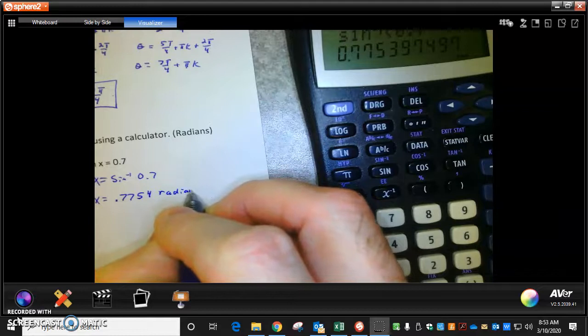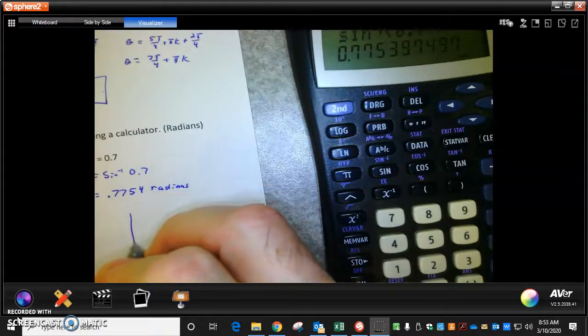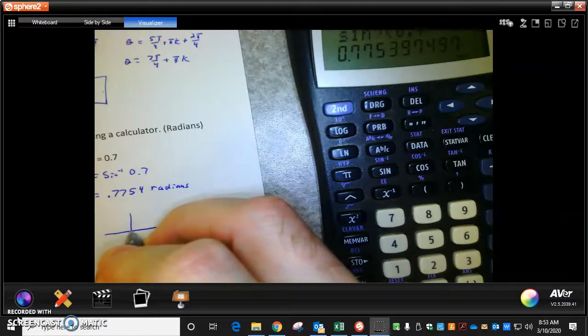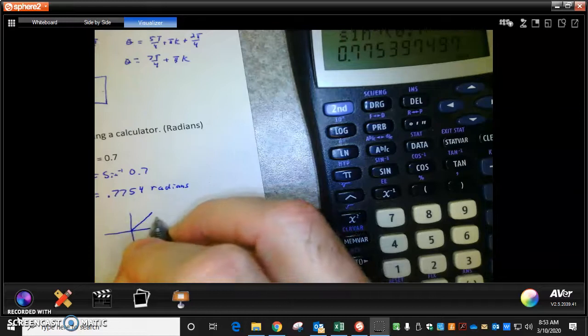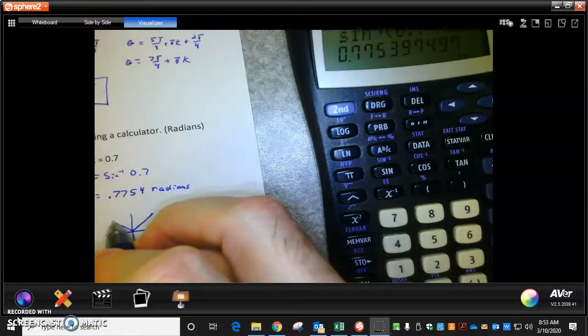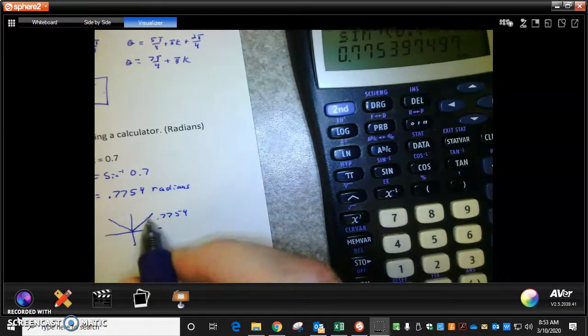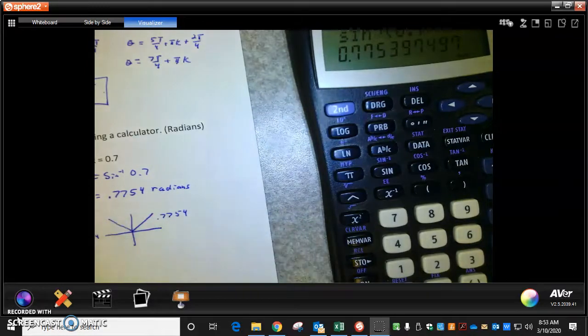Okay? Now, that is an angle that's in quadrant 1 that has a measure of 0.775 radians. Now, there's another one over here in quadrant 2 that also has that same reference angle, but that would be 3.14 minus that.